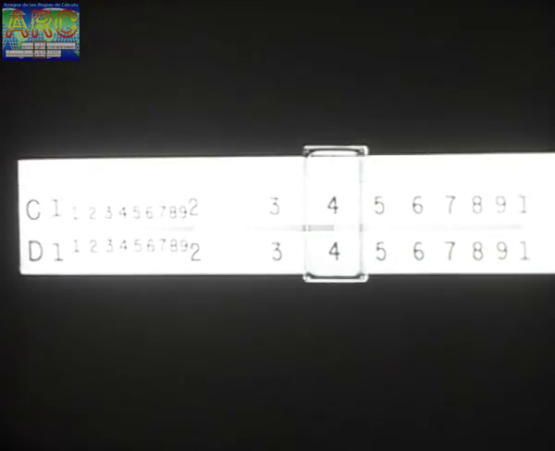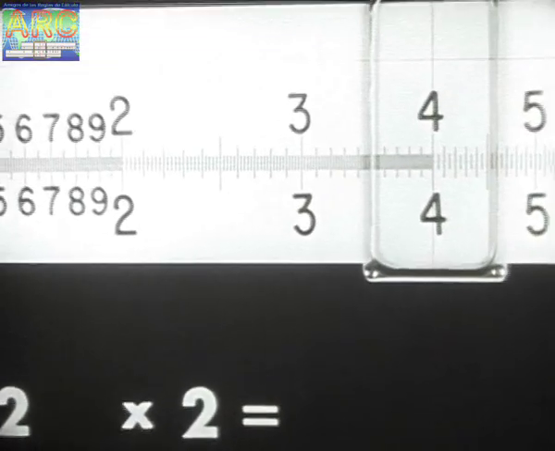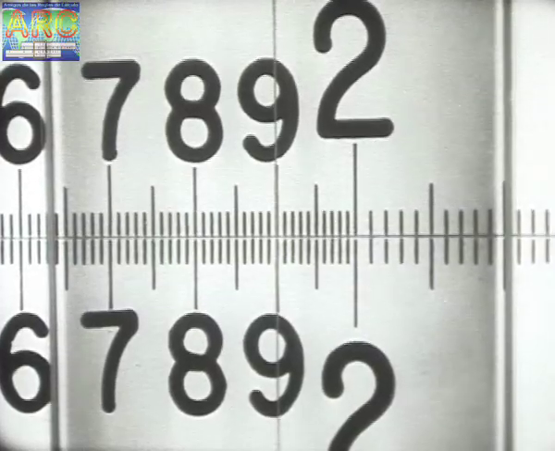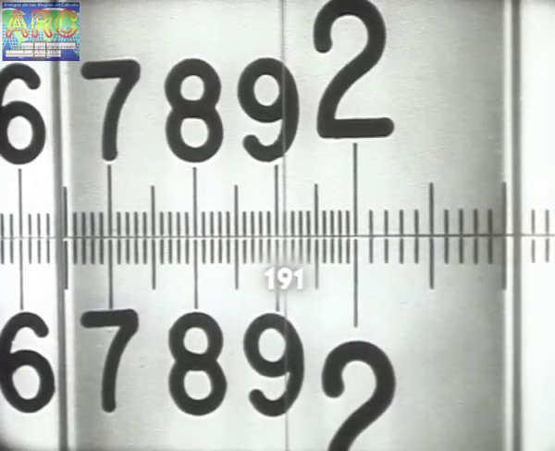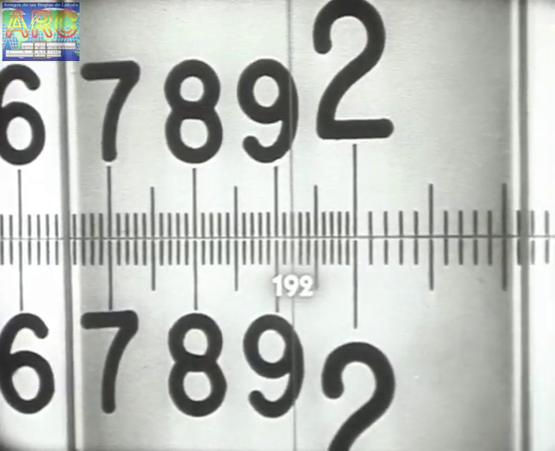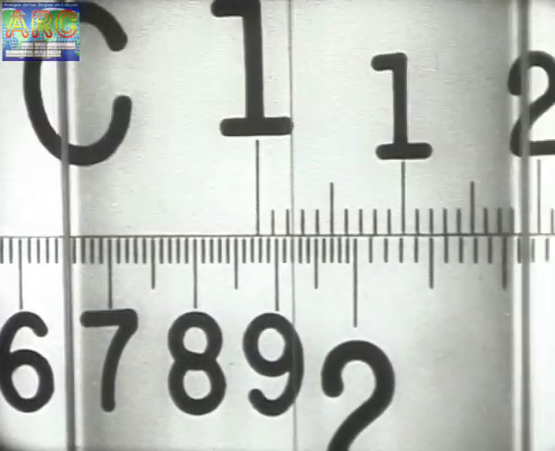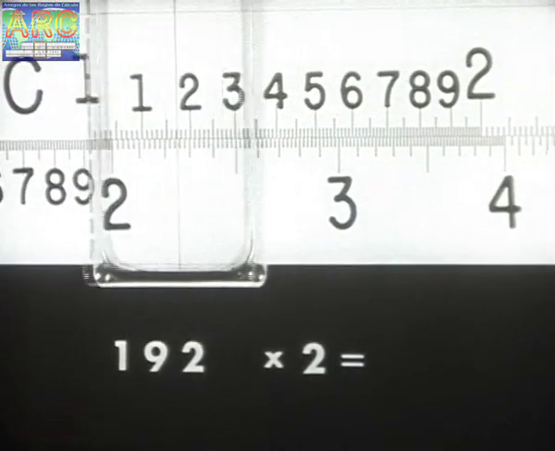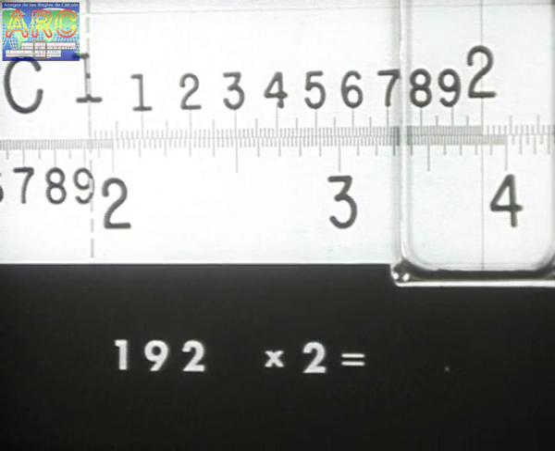Now let us take a few problems using the full scales. First, 192 times 2. Set the hairline on 192, 190, 191, 192, and to it, set the index of C. Move the hairline to 2.